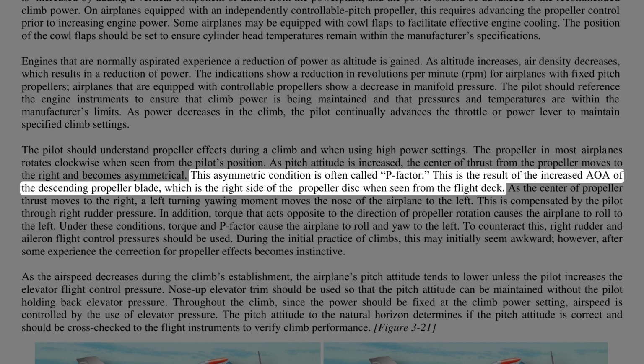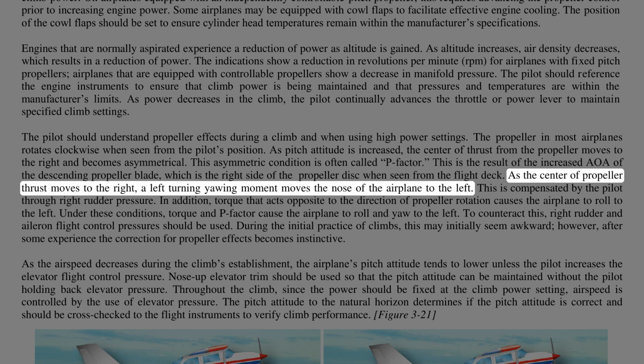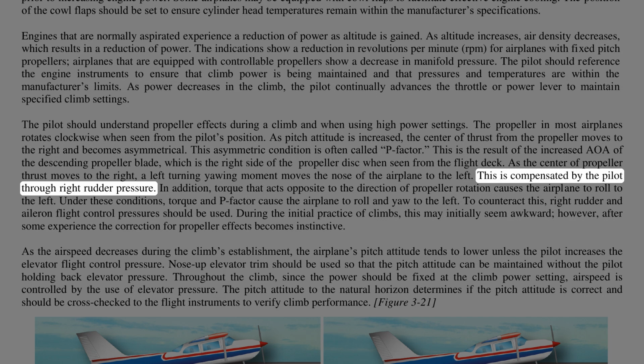This is the result of the increased AOA of the descending propeller blade, which is the right side of the propeller disc when seen from the flight deck. As the center of propeller thrust moves to the right, a left-turning yawing moment moves the nose of the airplane to the left. This is compensated by the pilot through right rudder pressure.